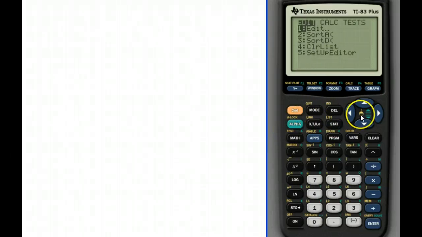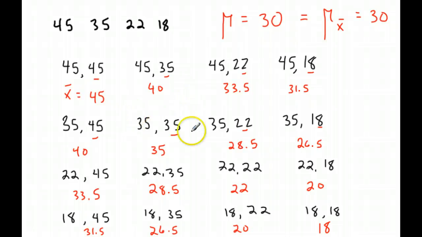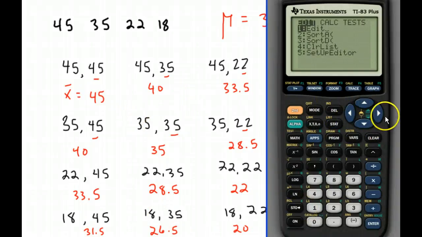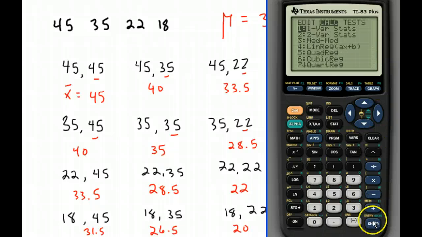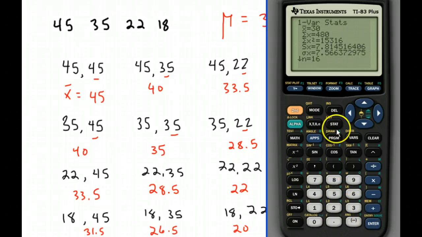Now I'm going to do it one more time. In list 3 I've got all of those possible sample means. I'm going to go in there once again and run one variable stats. We've already done it on list 3 before, but I want to show you something real quick. There's the standard deviation of the sample means.